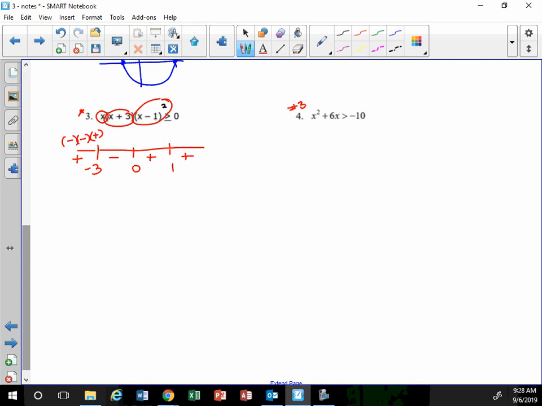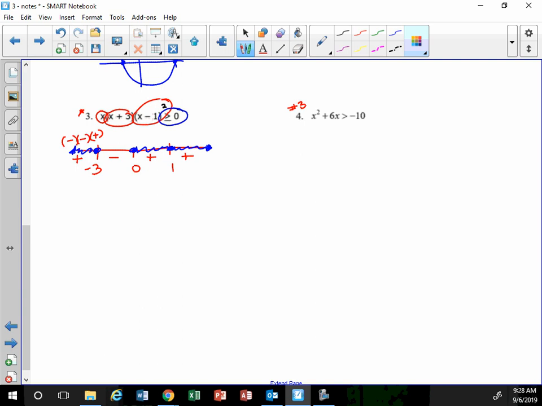Then we have to actually write our answer. I want to know, when is this greater than or equal to 0? So positive stuff. Positive, positive. It says or equal to 0, so I also want to include the -3, the 0, and the 1.